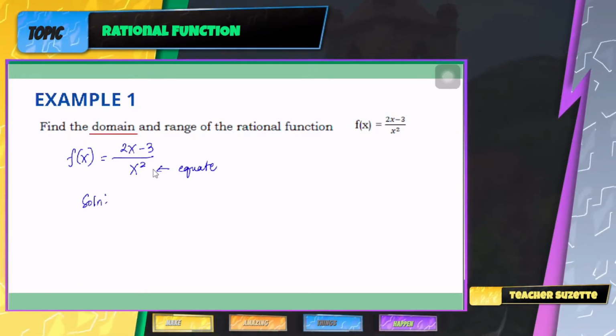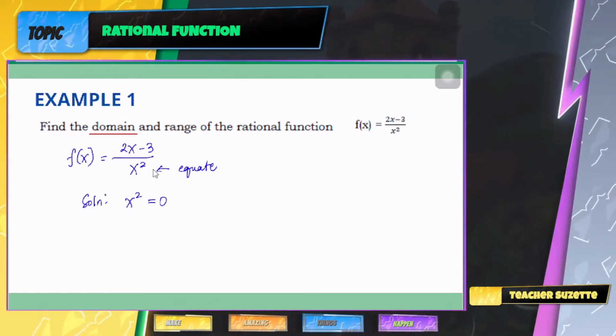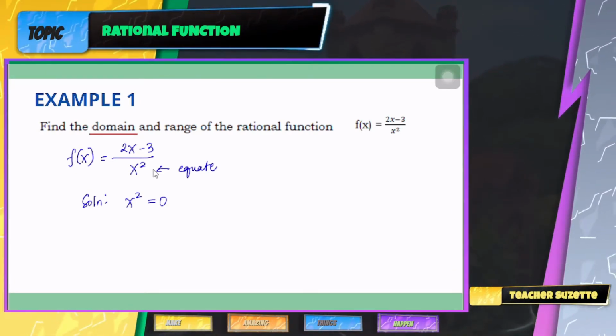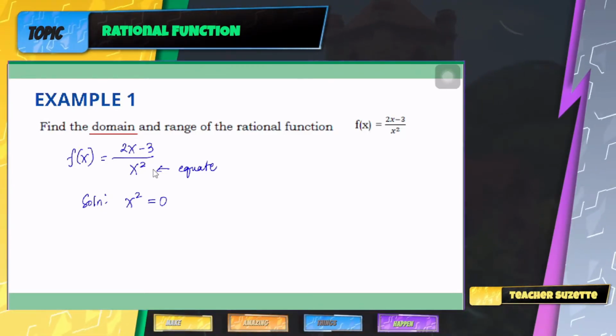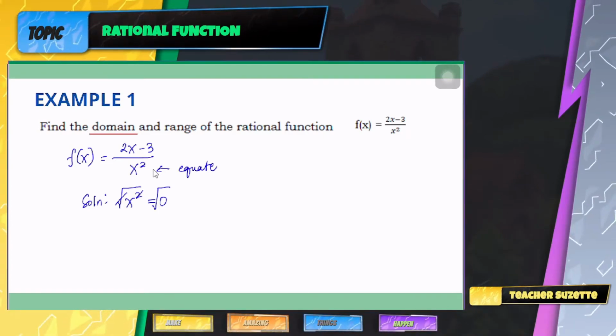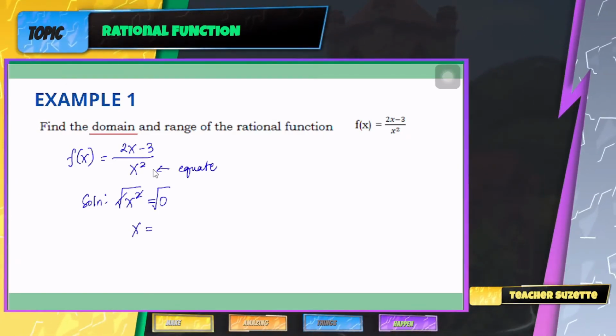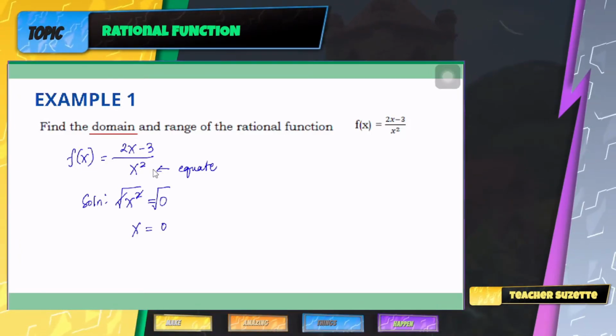Solution: x squared equals 0. Now let's solve for x. By taking the square root of both sides, you cancel out the exponent, and you will have x equal to the square root of 0, which is 0.